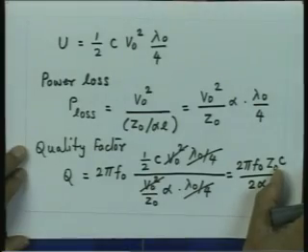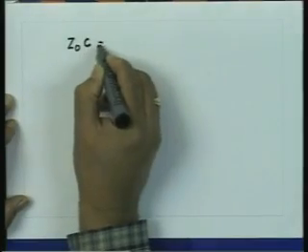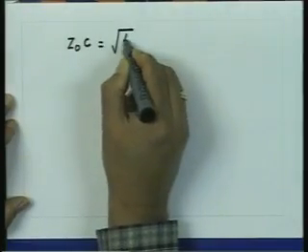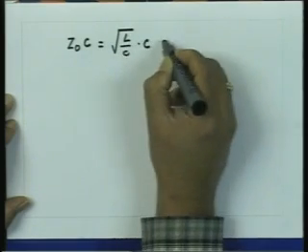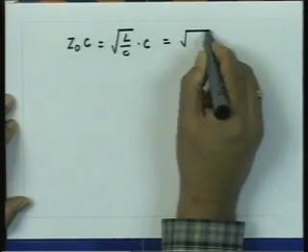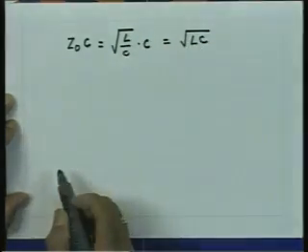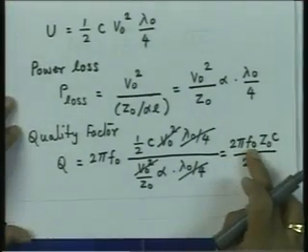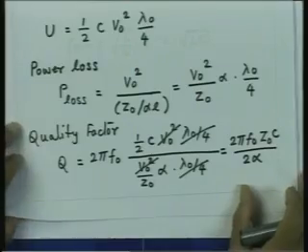Now, we can do some small manipulation, because you know this Z 0 is square root of L by C. If I write this quantity here, Z 0 into C, so Z 0 into C will be square root of L upon C into C. So, that is equal to square root of L C, and the quantity here 2 pi into F naught is nothing but omega.